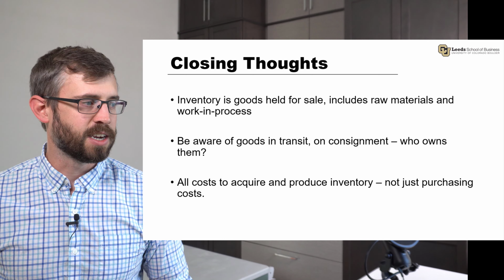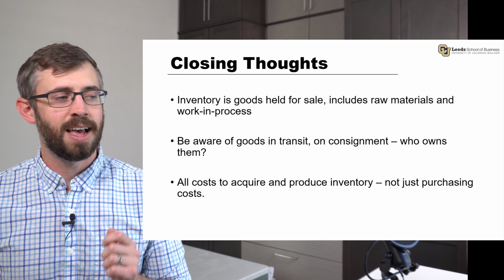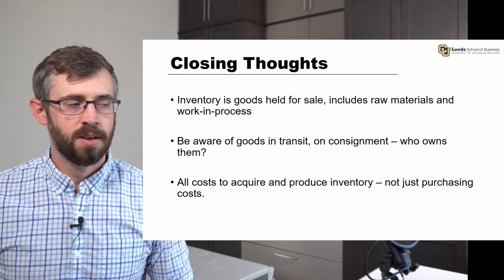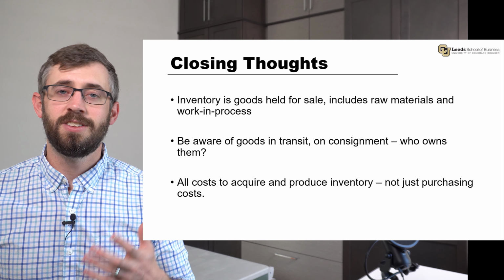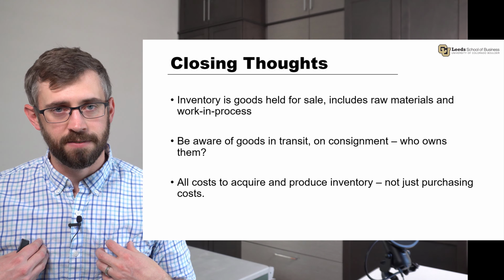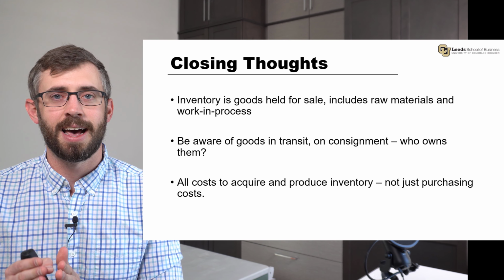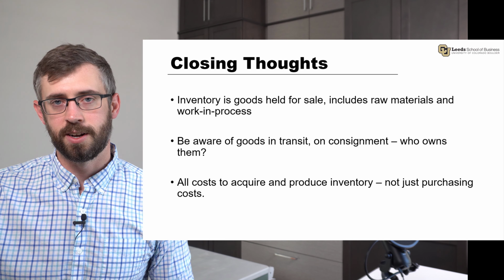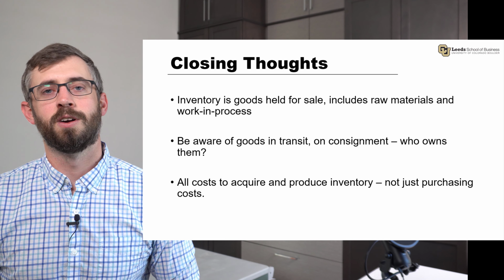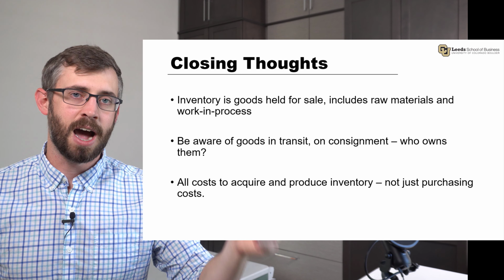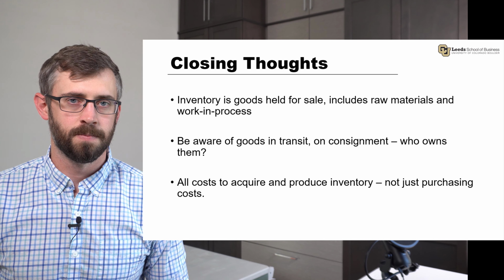So to summarize here, inventory are our goods held for sale, and it includes both raw materials and work in process. We have to be aware of goods in transit. Are they our goods on our inventory books, or are they our customers' or our suppliers' goods? And so we have to look at whether it is FOB shipping point, where title transfers once it's shipped, or is it FOB destination, where title waits to transfer until it arrives at whoever is buying those goods.